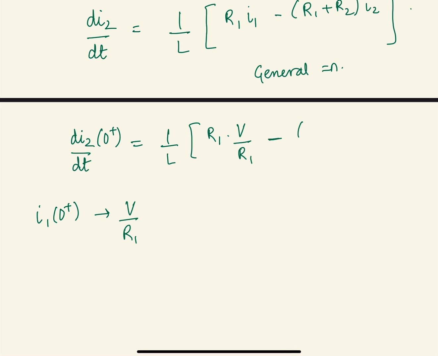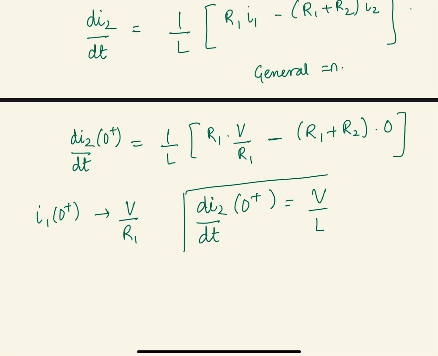And this is minus R1 plus R2 times 0, because I2 was equal to 0. So this di2 by dt at t equal to 0 plus is equal to V divided by L. This is another term that we have found out.